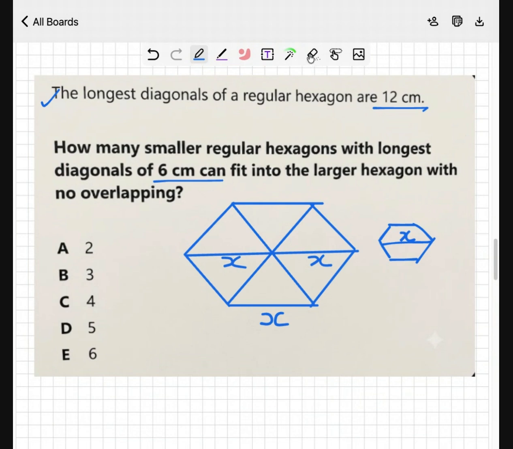So let's see. I remove this x and x and change to a different color. If the longest diagonal is half of this, then the side also has to be half, so the side is x by 2, which means I have to split somewhere here.